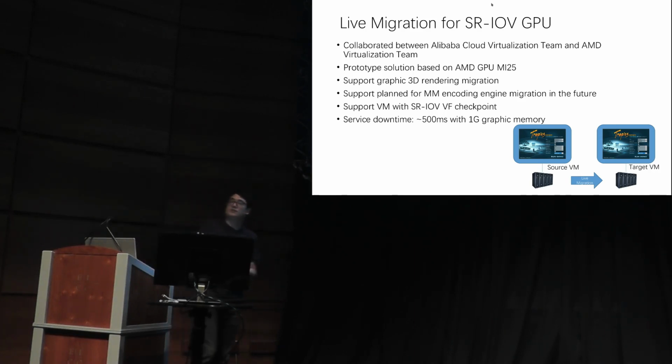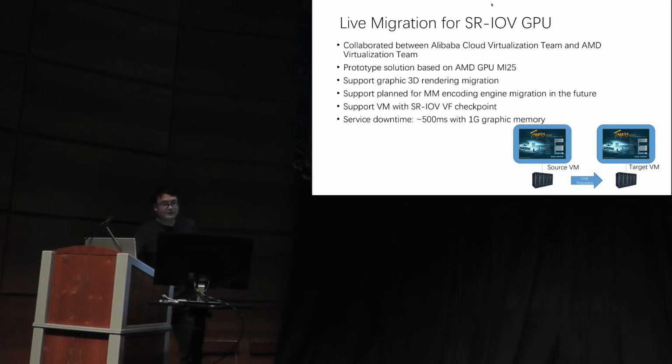Right now, we already support 3D rendering migrations, and we are developing support for medium workload migrations in the near future. We also support VF checkpoint, save to disk, and restore. Regarding service downtime, currently it's about 500 milliseconds with 1 gig of graphics memory.